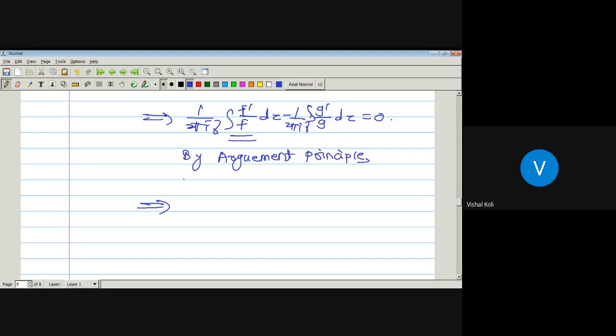That is, Zf denotes the number of zeros of the function f, and Pf denotes the number of poles of the function f.